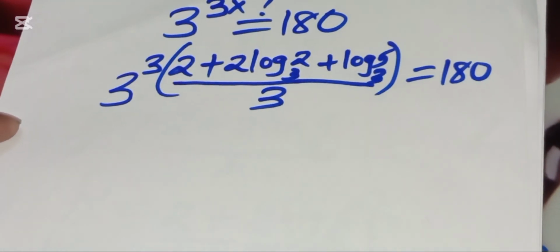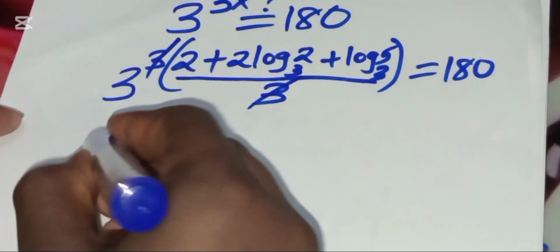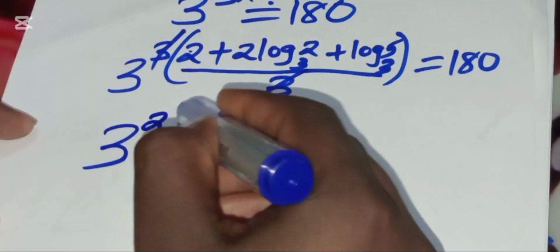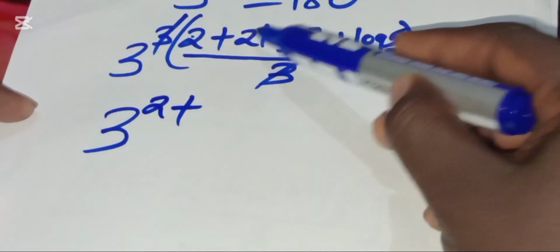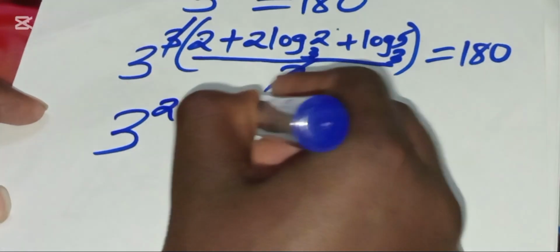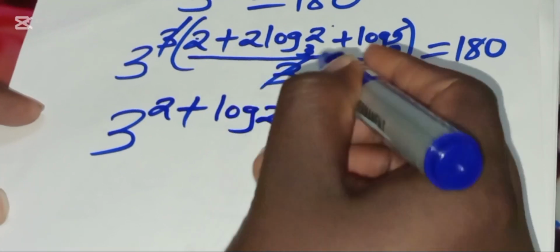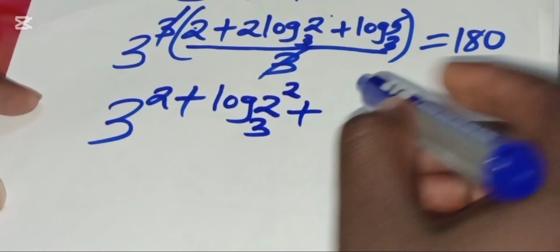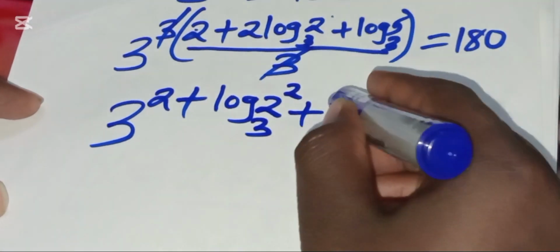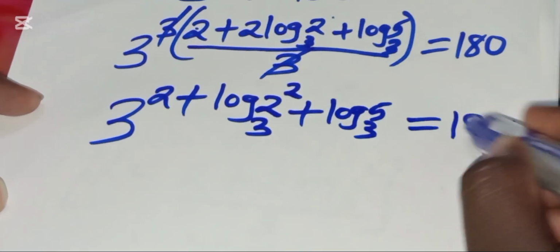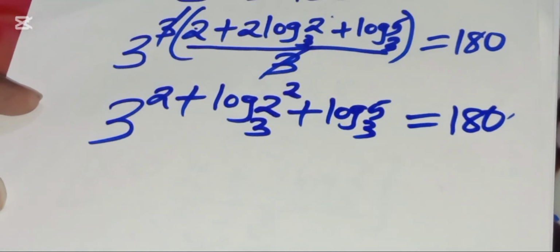So you can see here, let's simplify 3 and 3 so that we'll have 3 raised to power 2 plus, now we have 2 log 2 to base 3, which we can write as log 2 raised to power 2 base 3, then plus log 5 to base 3. This should give us a value of 180.